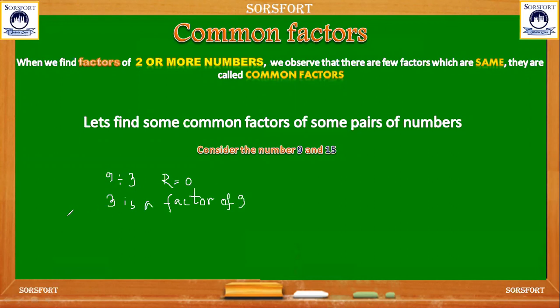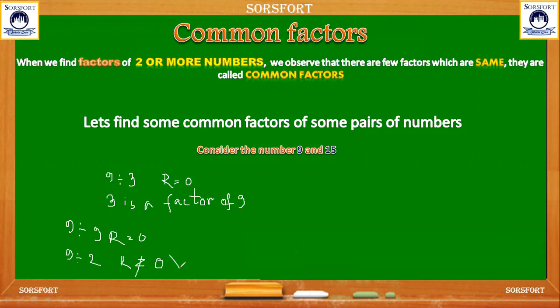Like that, if I divide 9 by 9, again remainder 0. So 9 is a factor. If I divide 9 by 2, I will not get remainder 0.